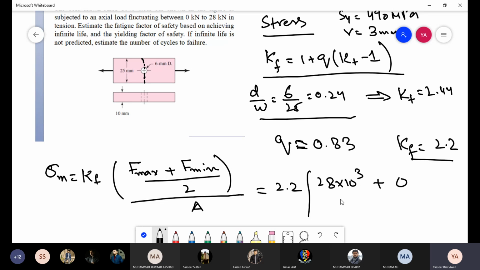Maximum load, minimum load is 0, divided by area. And for area, obviously you take the point where the stress concentration is, the minimum net area.